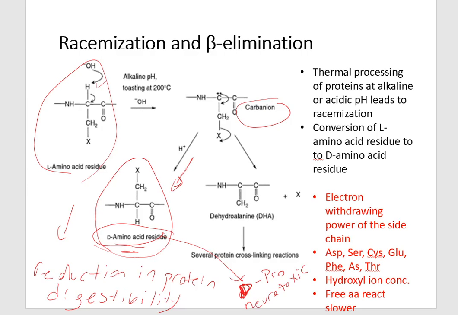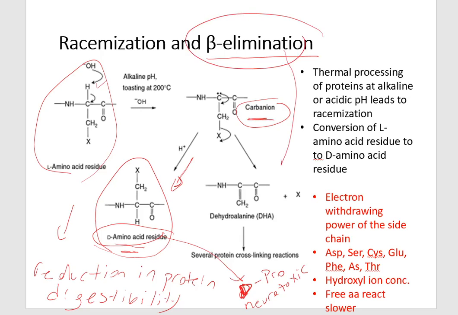Okay, that's the racemization part. We also have a beta elimination reaction here. So what's that one? Depending on the reaction conditions, this carbonium formed under alkali pH can also undergo beta elimination reaction.